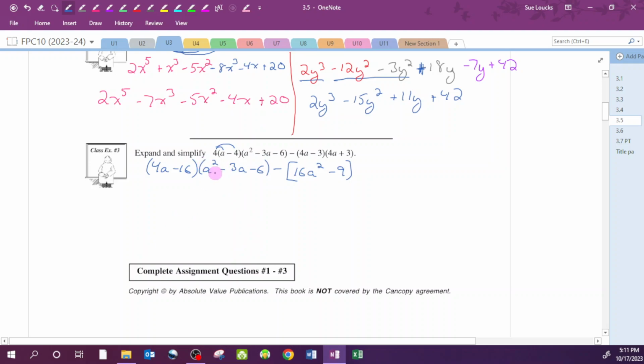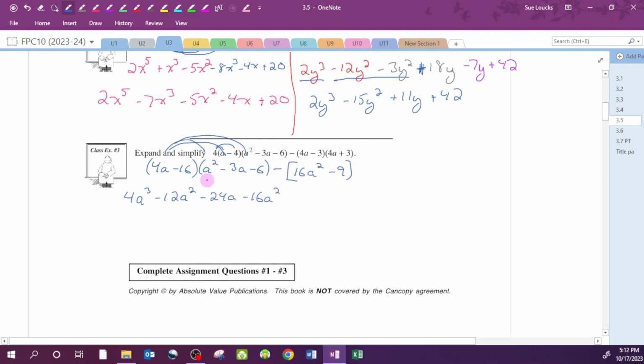And I'm just going to shut up and write now because I can't narrate and get the right things written down. So I'm just going to write 4a cubed minus 12a squared minus 24a. So that's my 4a times everything. And then minus 16a squared.